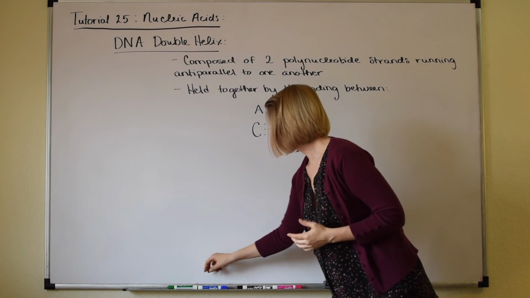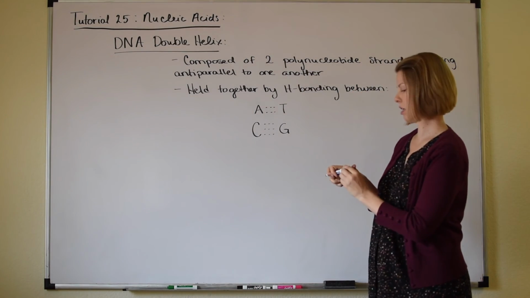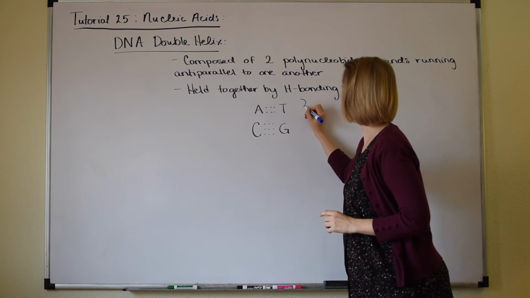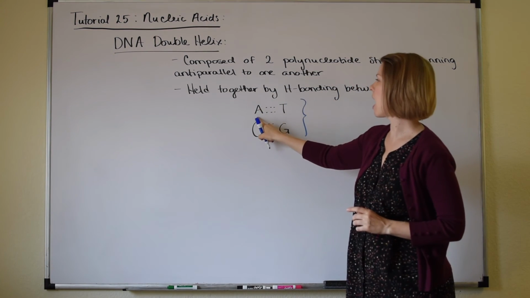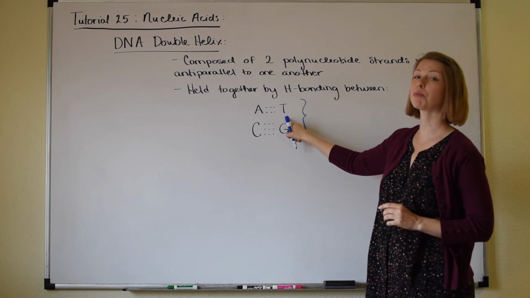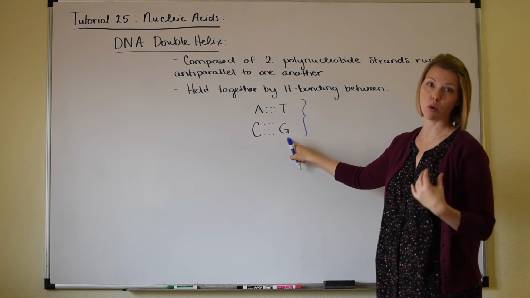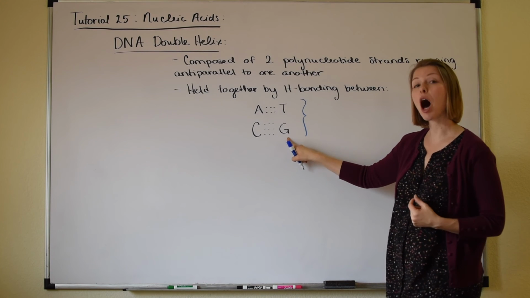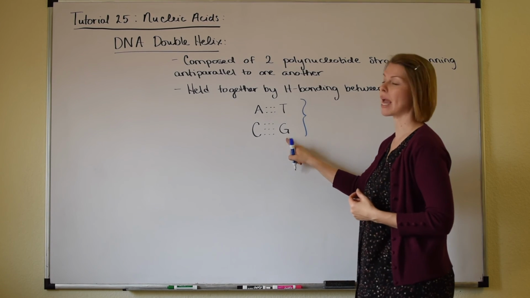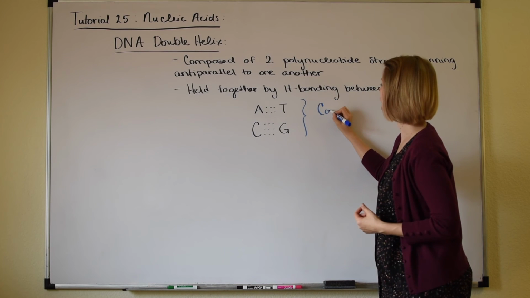And this tendency of adenine to always hydrogen bond to thymine and cytosine to always hydrogen bond with guanine, we call this complementary base pairing. I'm going to write this here.